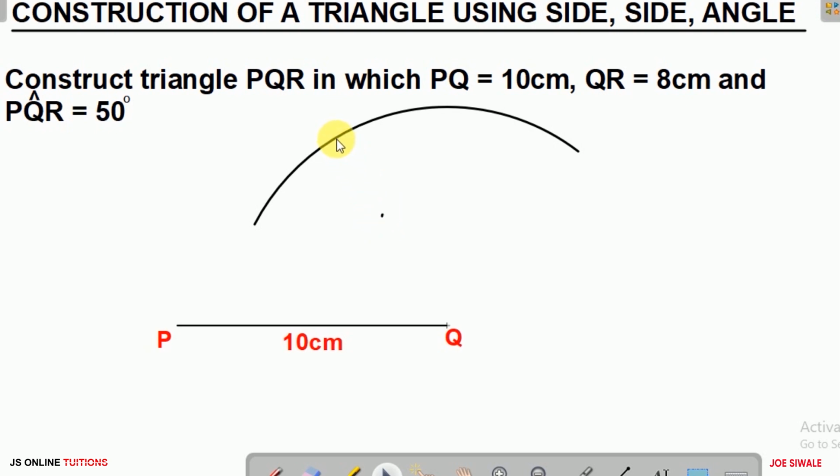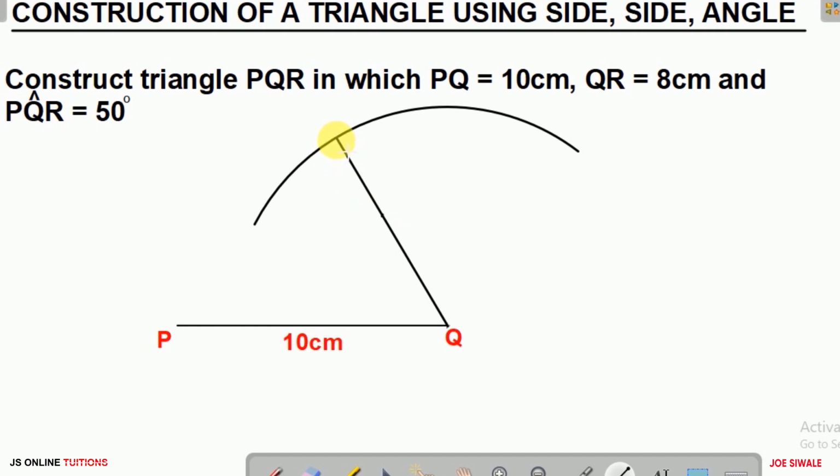Then it has to touch this arc. So start at point Q. Then it has to pass through this point where we had drawn 50 degrees. Then it has to touch the arc.